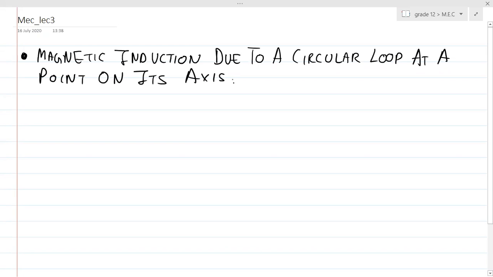So basically, we are going to define magnetic induction due to a circular coil at a point on its axis. Okay.